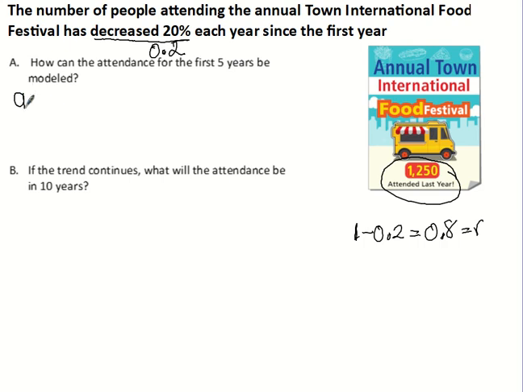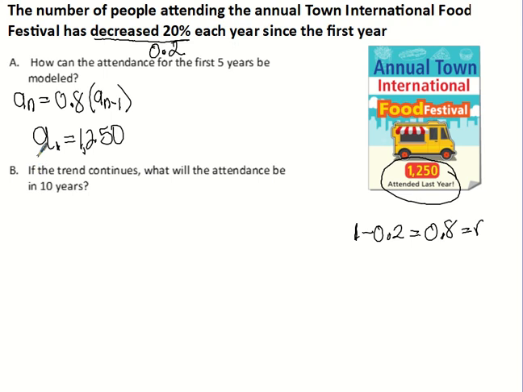So we would go a to the n equals 8/10 times a to the n minus 1. And then we would again list our initial one. Remember how we do that sometimes for our recursive formulas? So we would say it's 1,250, okay? So for the first 5 years, it's easy to use the recursive formula because it's just 1, 2, 3, 4, 5. It's not a lot.